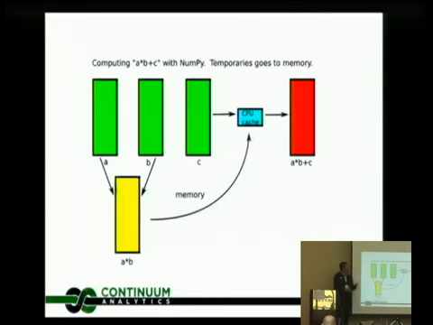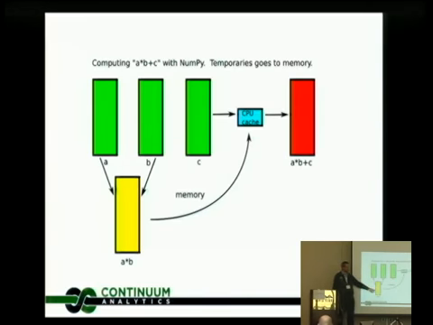So this explains why NumPy is slower. NumPy has to follow the Python way to evaluate expressions. For example, when we are evaluating A times B plus C, we have 3 big arrays in memory that normally don't fit in cache. And Python forces NumPy to compute first A times B and to store this completely in memory.